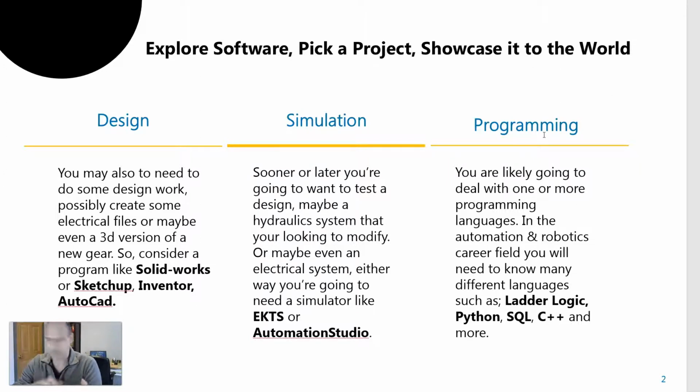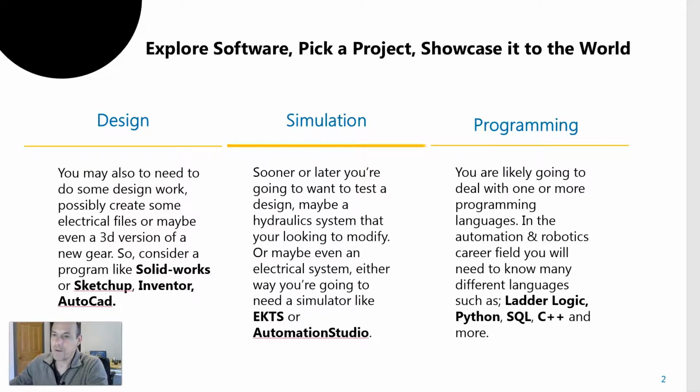Python, C++, add in SQL, and you're going to get these software skill sets in the programming platform. So in this category, programming is a category of software that you're going to be working with.